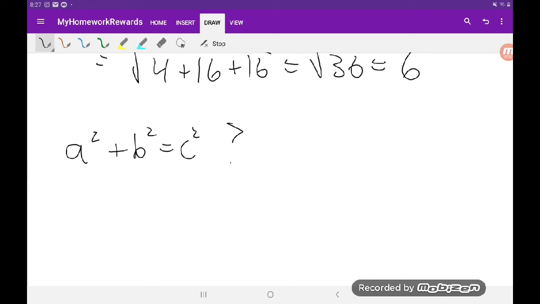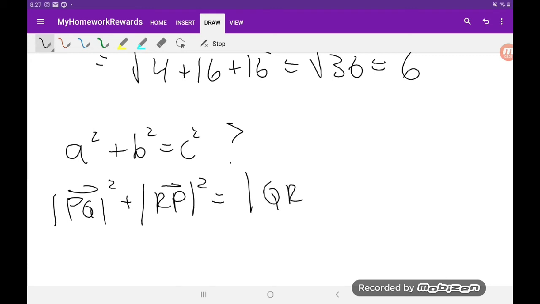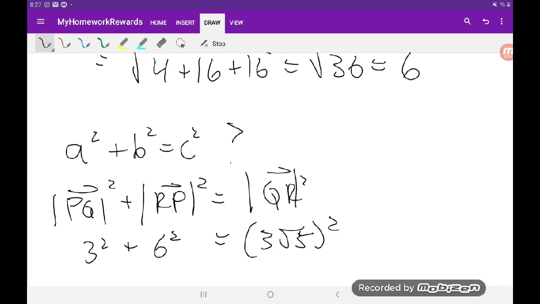So a and b don't really matter. We can say this one is PQ, this one is RP. We're going to check if this equals QR. Plugging in 3 and 6 equals 3 root 5 squared.